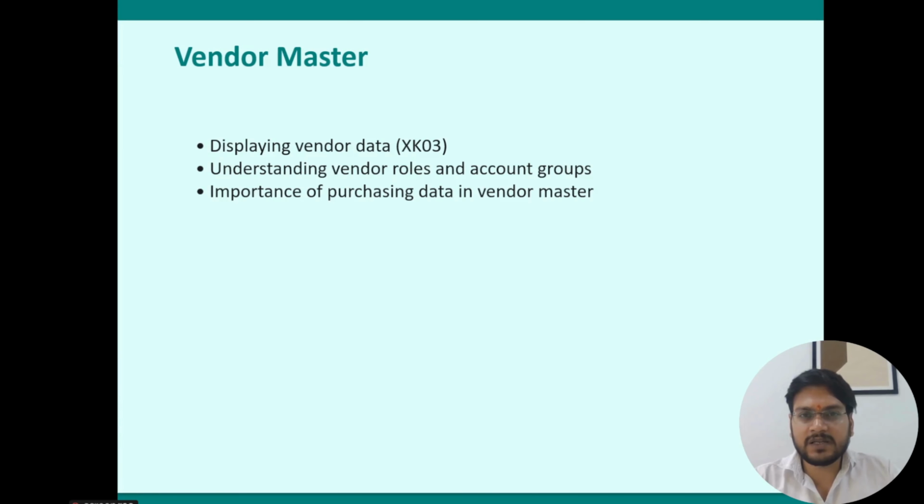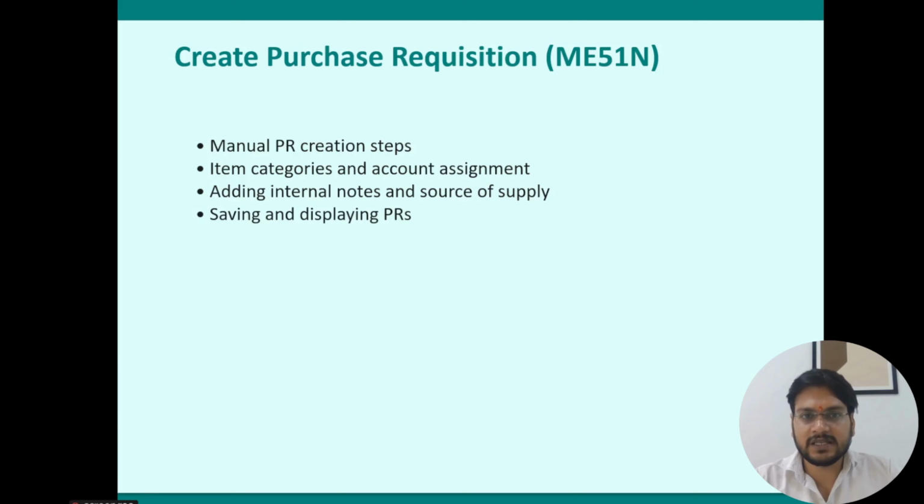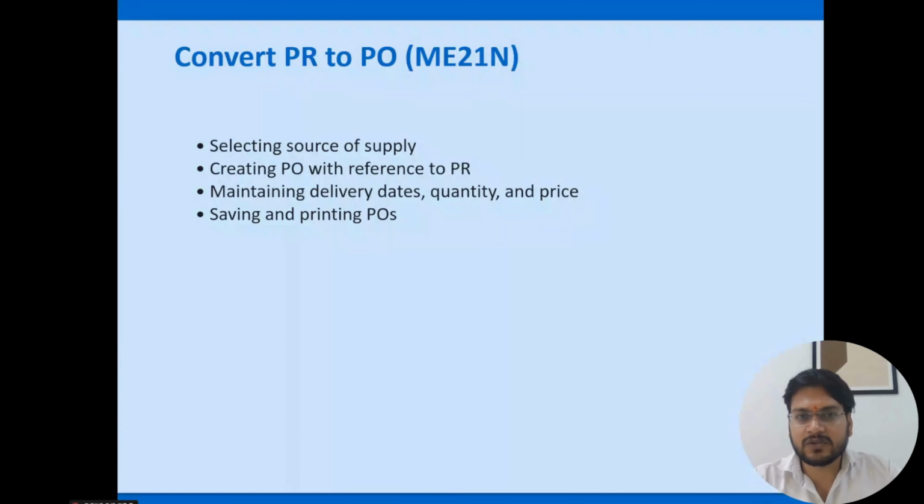And what is a vendor master record, and how we can create a vendor master record in ECC and in S4 HANA, that also we will see. How to create a purchase requisition using T code ME51N, what a purchase requisition is, and what the business use of a purchase requisition is, we will see that also.